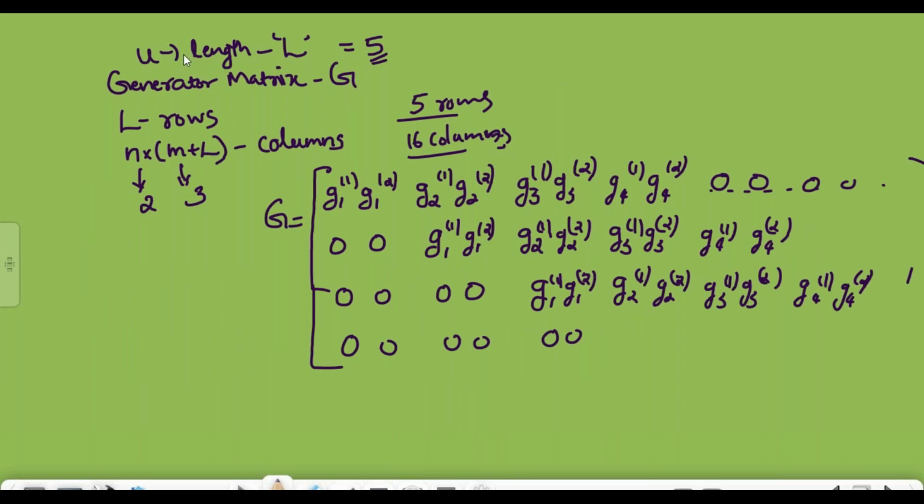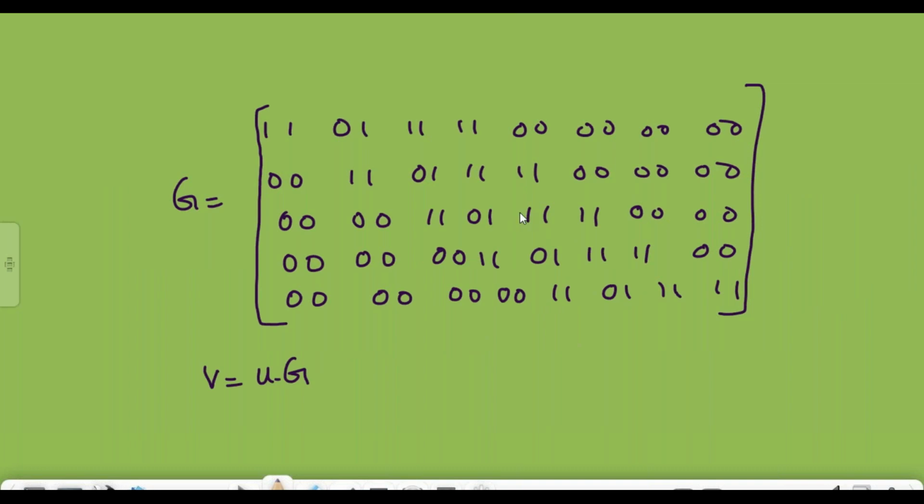Here if L is the length of the input sequence, then the generator matrix G has L rows and n into (m plus L) columns, that is in this example 5 rows and 16 columns, written here. That is the generator matrix of the particular convolutional encoder given. And once we have written this, we can verify that the output can be obtained as the product of the input sequence with the generator matrix, V is equal to U into G.